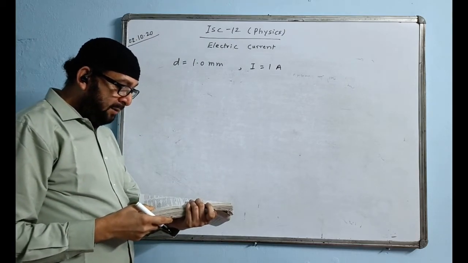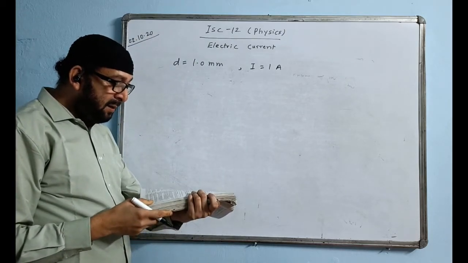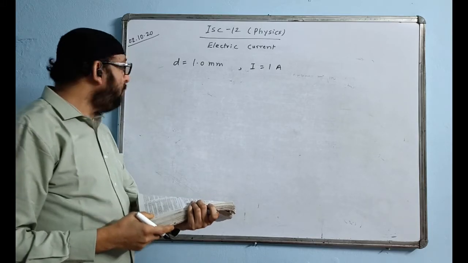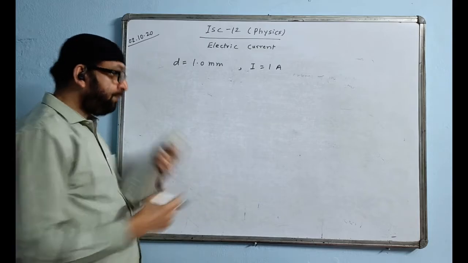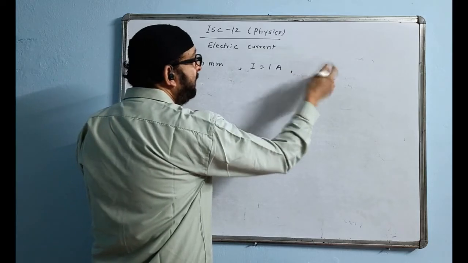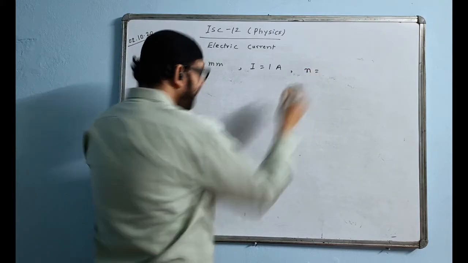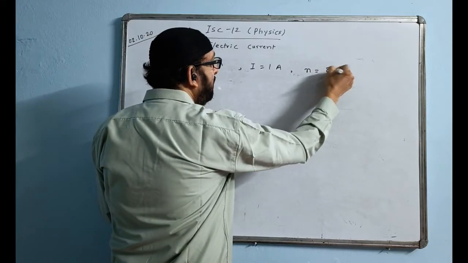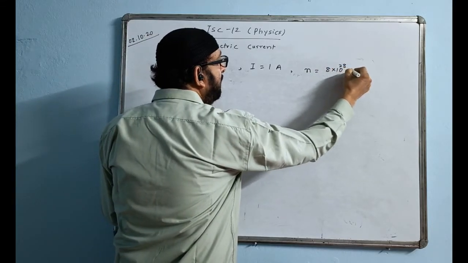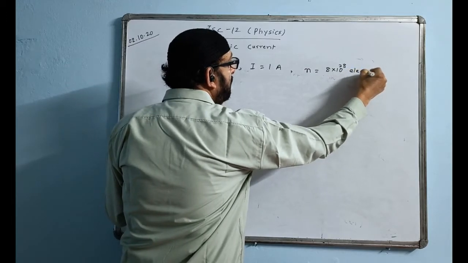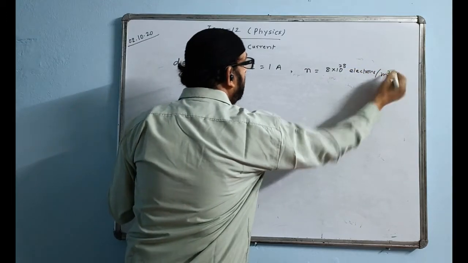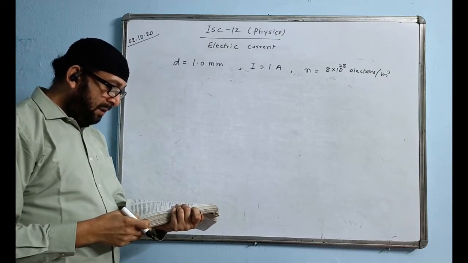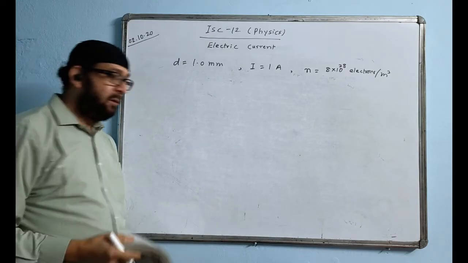If there are 8 into 10 to the power 28 electrons per meter cube, that is per unit volume, in copper, estimate the drift velocity of electrons.